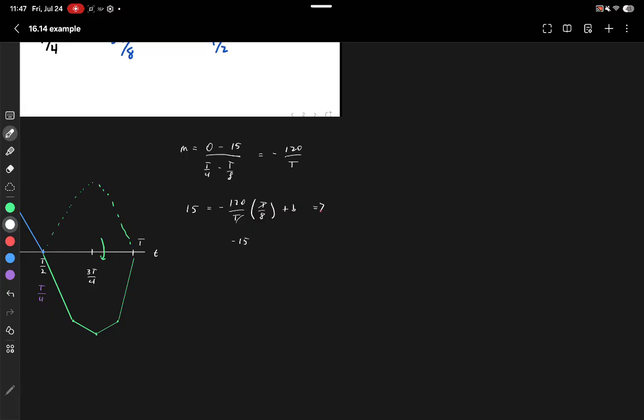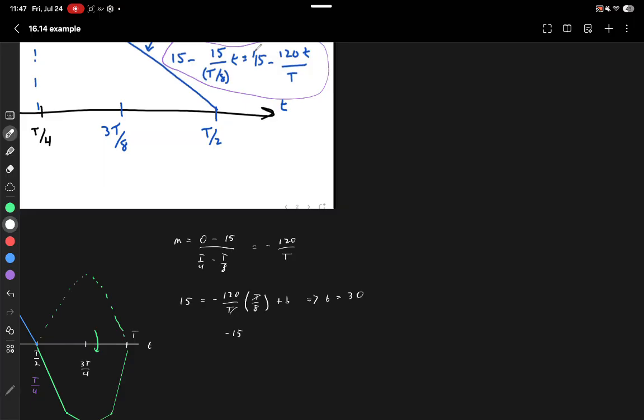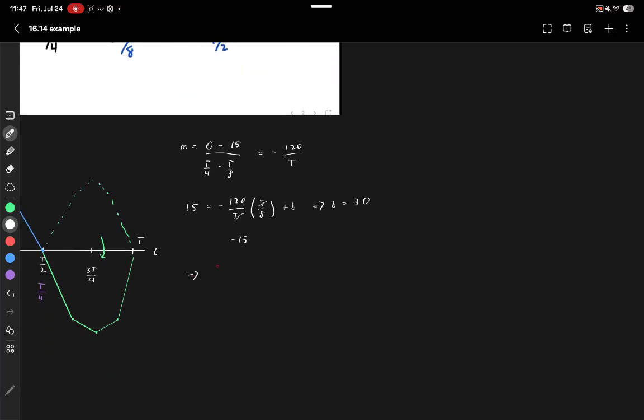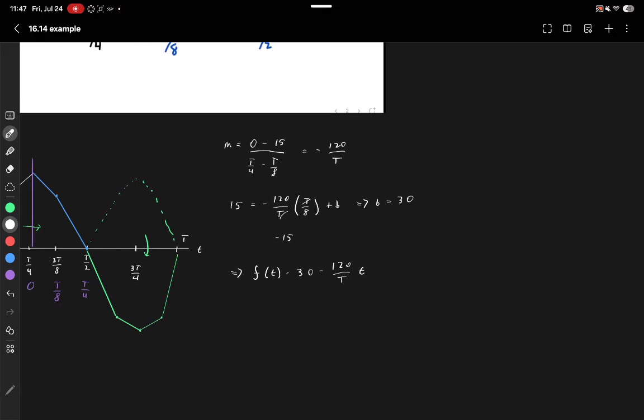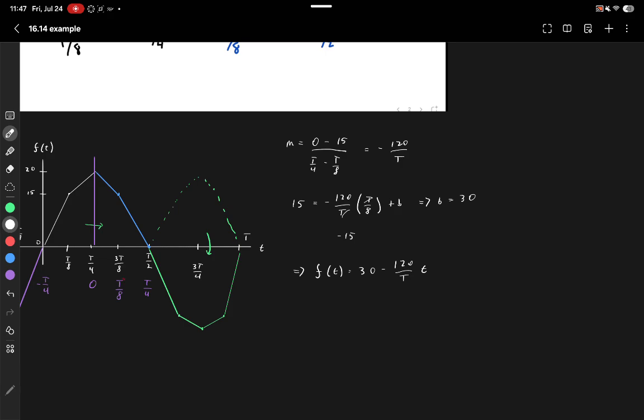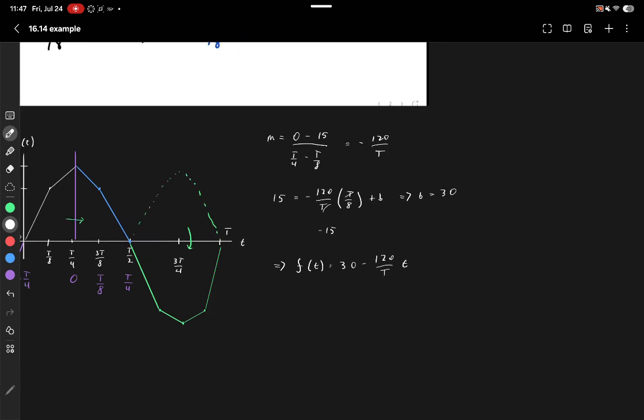Add that over. Therefore, our b is equal to 30 instead of this 15 here. But pretty much the rest of it is the same. We'd end up getting 30 minus 120 over big T times little t for this portion here, for t over 8 to t over 4.